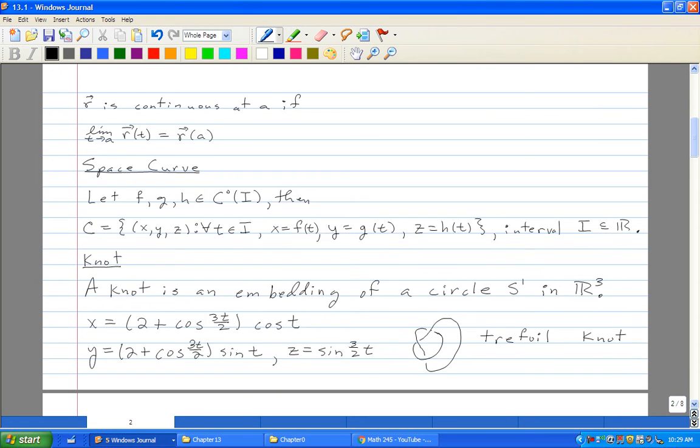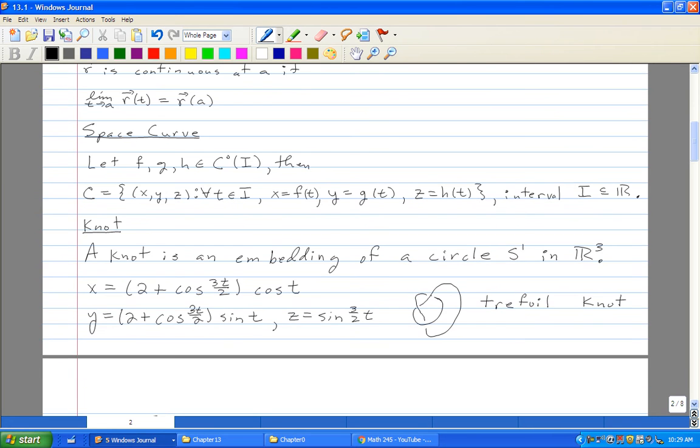So I here is some interval, let's say in the real numbers. A knot is an embedding of a circle, S1, into a three-dimensional space, R3. So in the book, they give you this example. x equals 2 plus cosine 3t over 2 all times cosine of t. y equals 2 plus cosine 3t over 2 all times sine of t. z equals sine 3t over 2.